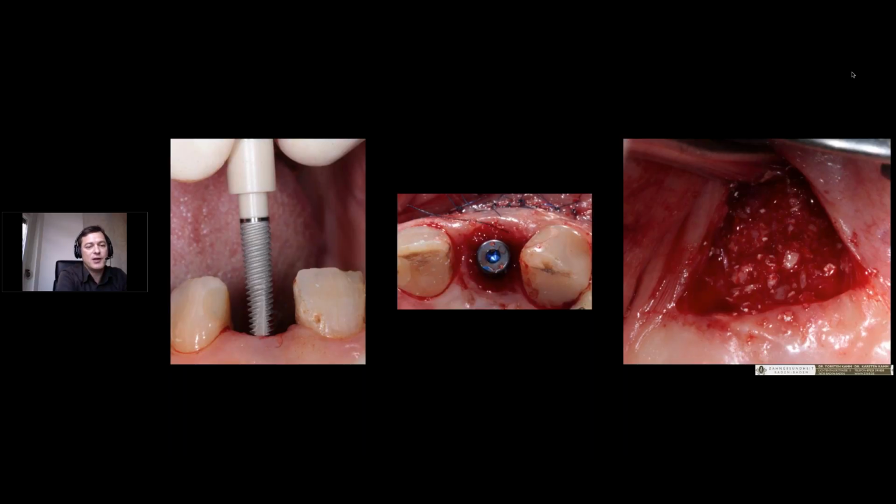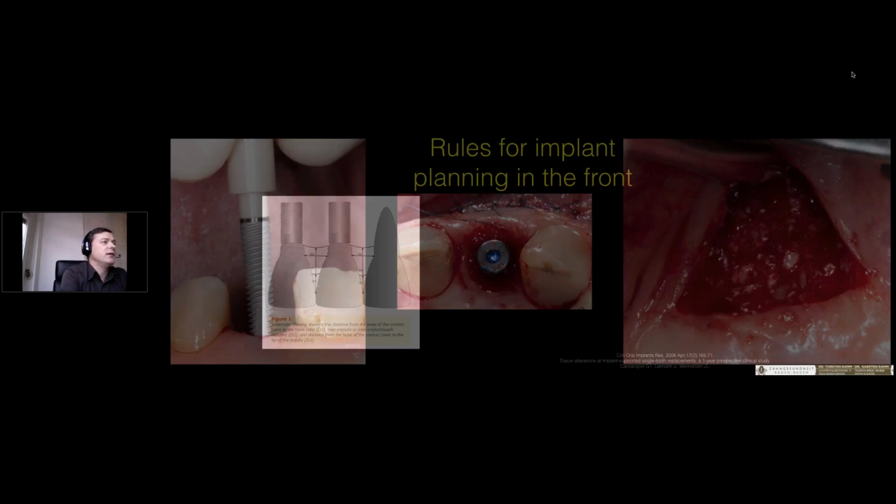In the canine region, sometimes 4.0, but most times 3.7 or 3.3. And you see, to cover this implant is no problem. Then you see in the middle of the picture, we took a CTG graft from the palatal side.